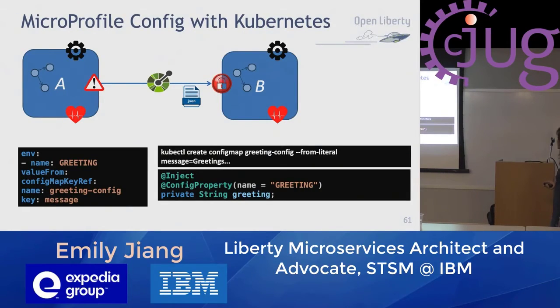In this case, the property is greeting, you find the greeting environment variable, then you find the key, which is the message, and then the greeting gets injected into the variable greeting. So this is how your application can communicate with the cloud infrastructure.